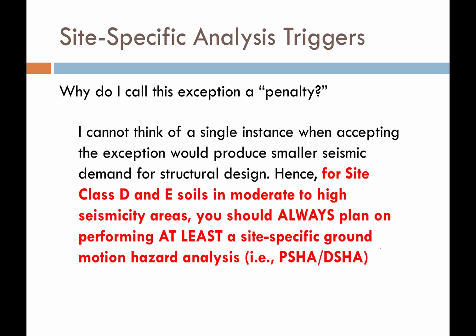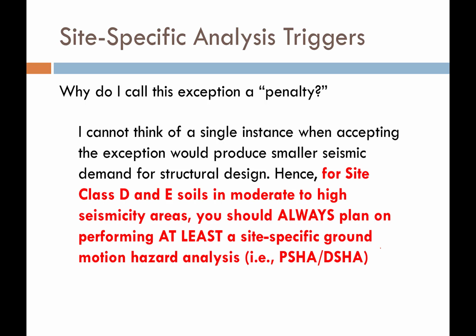So, for site class D and E soils, in moderate to high seismicity areas, you should always, from this point on, plan on performing at least a site-specific ground motion hazard analysis, a PSHA or DSHA.